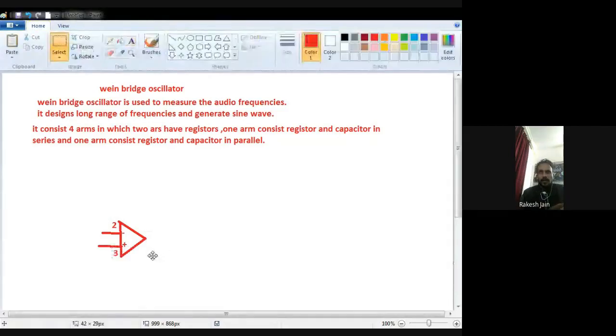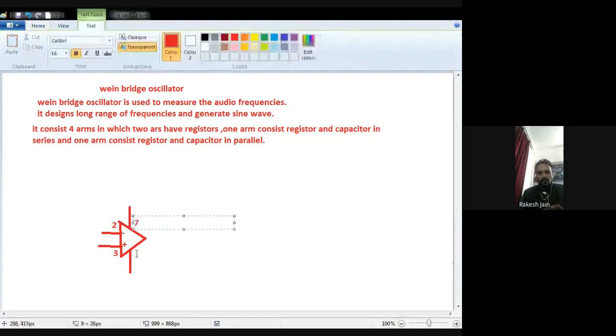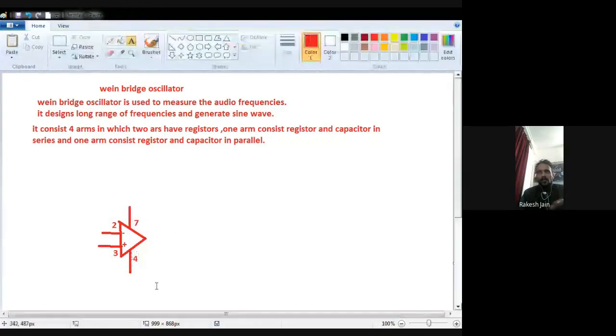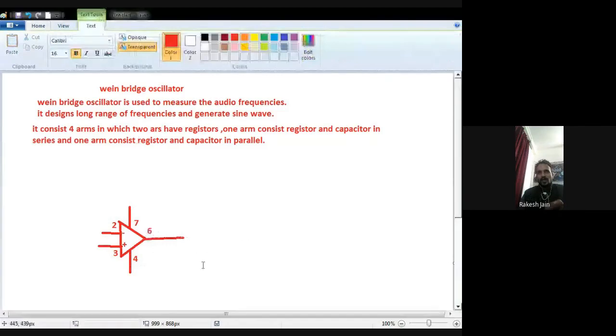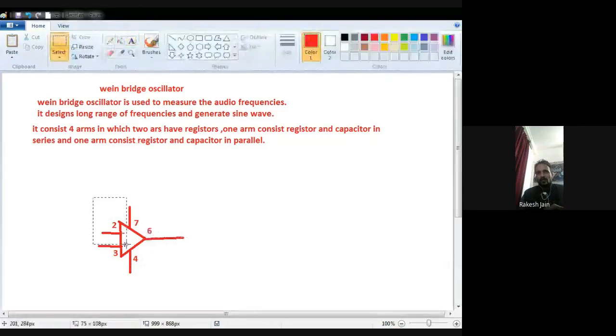We know that pin 7 of this operational amplifier is connected with the supply, that is the plus voltage pin, and pin 4 is the negative pin, minus V. We take the output from the operational amplifier at pin 6, and because it is an oscillator, it will generate a sinusoidal waveform.